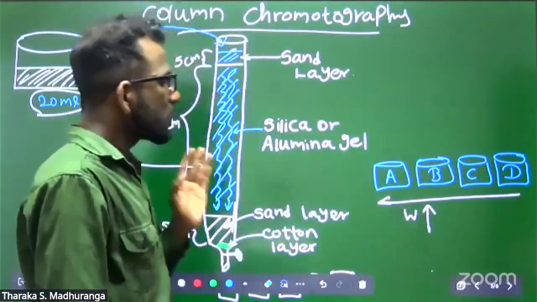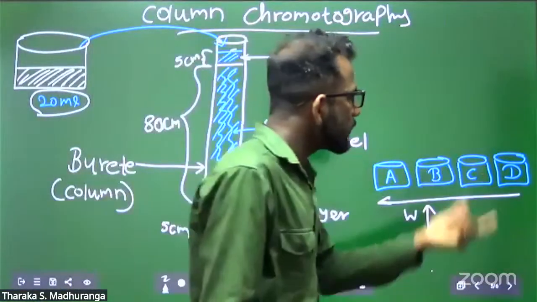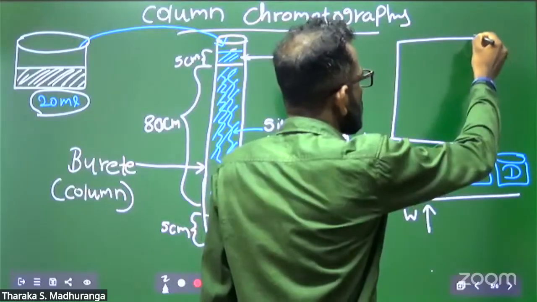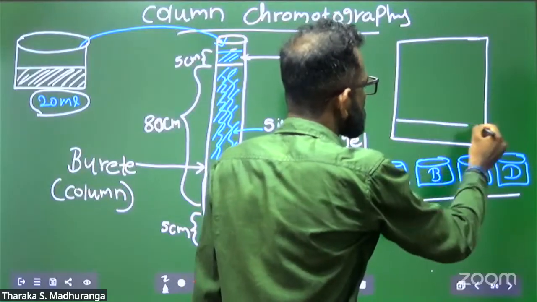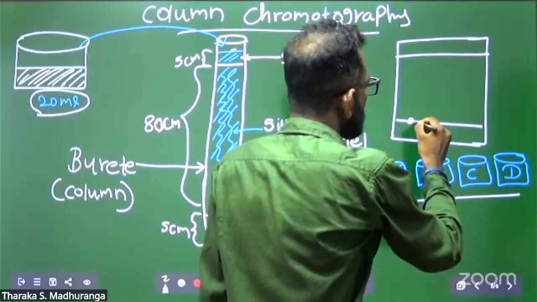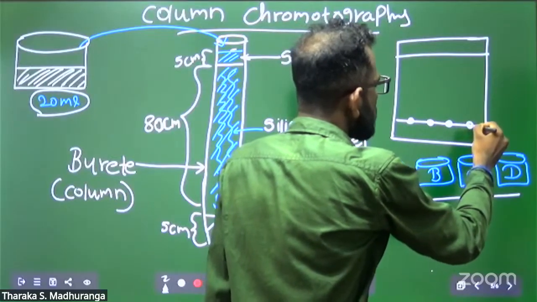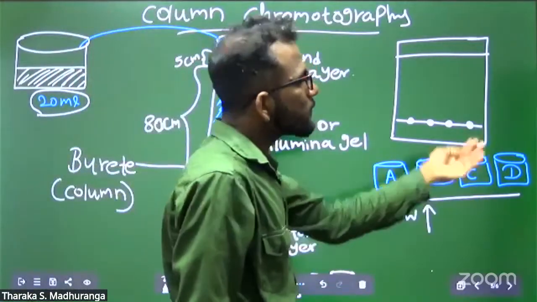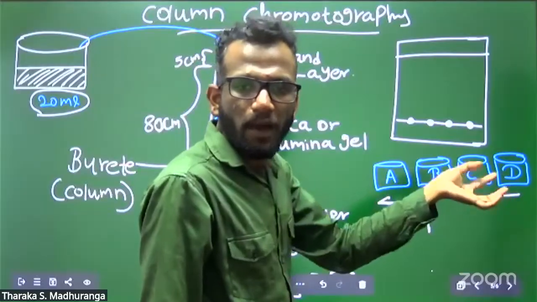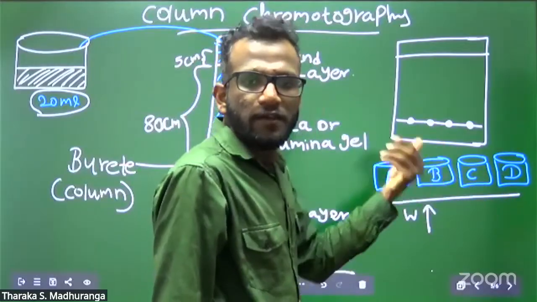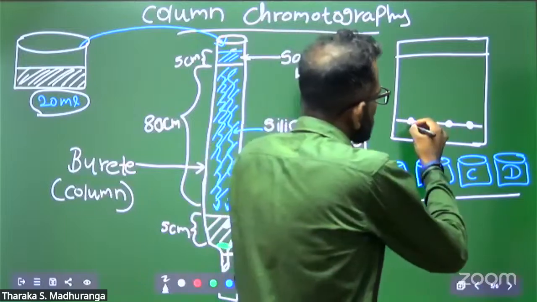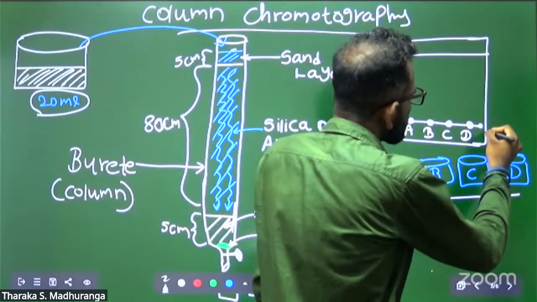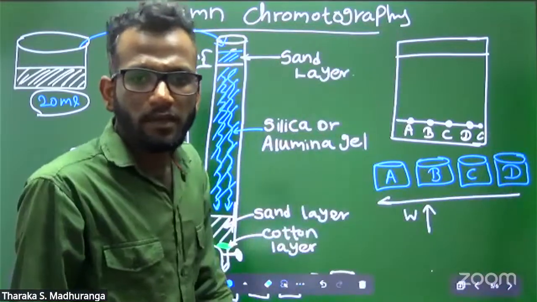After that, each A, B, C, D, using thin layer chromatography or paper chromatography, after separation, we can again spot this A, B, C, D parts, that means separated parts, separately, along with the control sample.